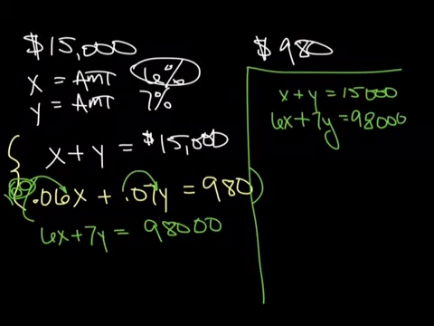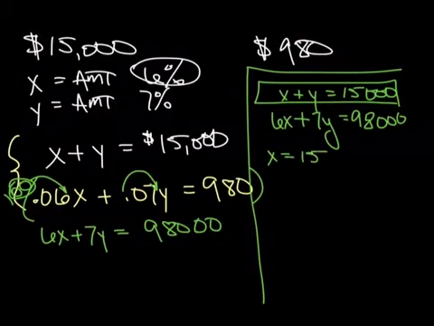Okay, so there's my two equations, and this is where I'm going to start. I'm going to use substitution again, just because it's real easy to write this as x equals 15,000 minus y. So instead of writing it that way, I wrote it this way.